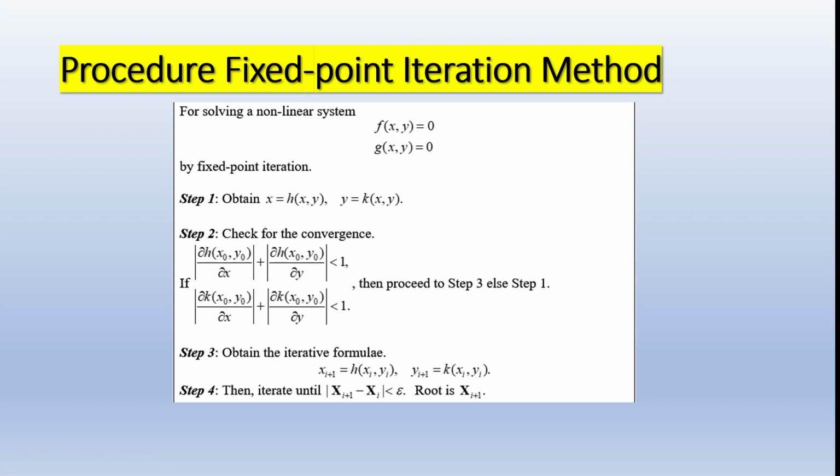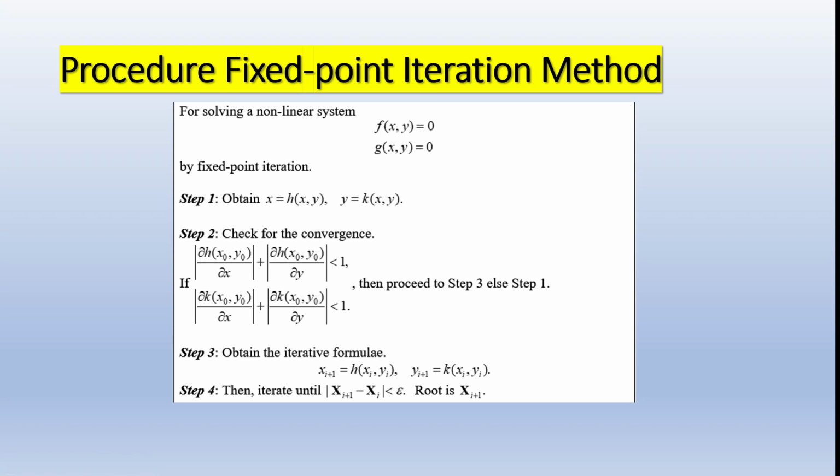Then what you need to do is, at the left hand side, put iteration i plus 1, and at the right hand side put x_i, y_i. So given x0, y0, you can find x1. From the function k(x,y), you put y_i plus 1 on the left and x_i, y_i on the right. So given x0, y0, you can find y1.